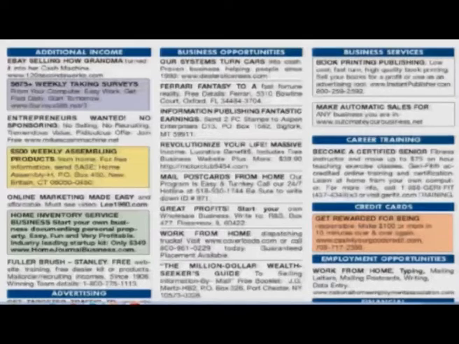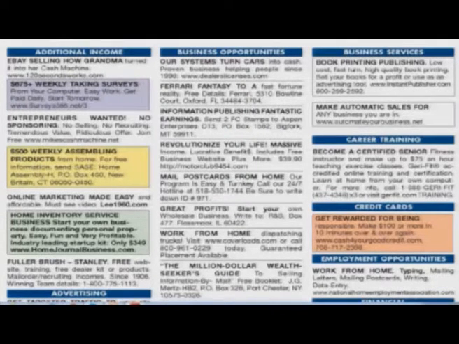Let us now look at an example. As you can see, this is a section taken from a newspaper and it is called classifieds. The name classifieds itself tells you that the information here is classified, categorized following some rationale.